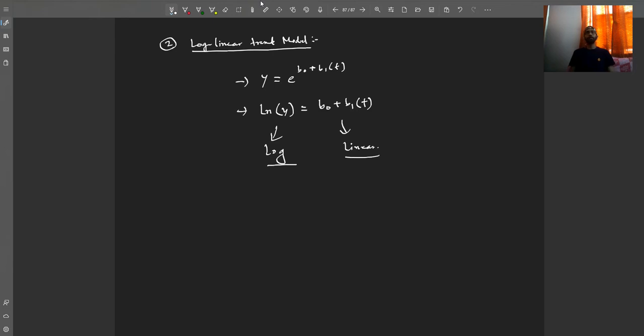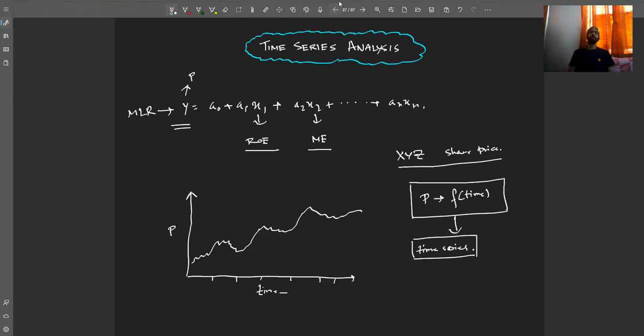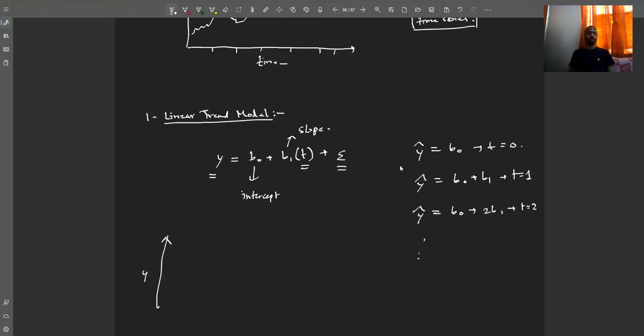Similar to the previous one, we can find out each of the values for each of the time periods, right? b0 is the intercept, let's say, and b1 is the slope, right? Just to make sure that we know the concepts of intercept and slope, let me again revise those concepts. Let's say the vertical axis is representing y and the horizontal is t, right?